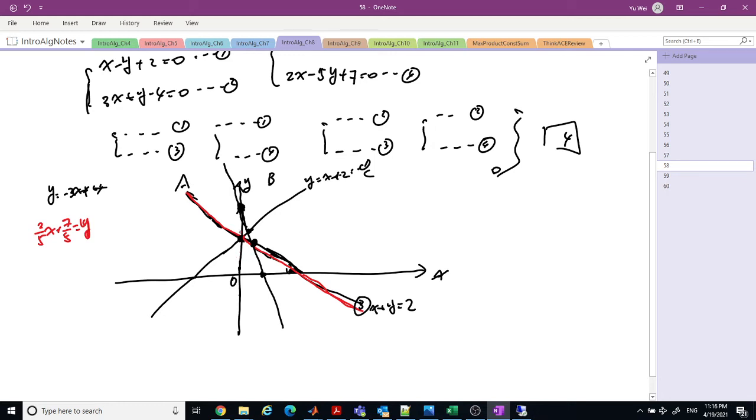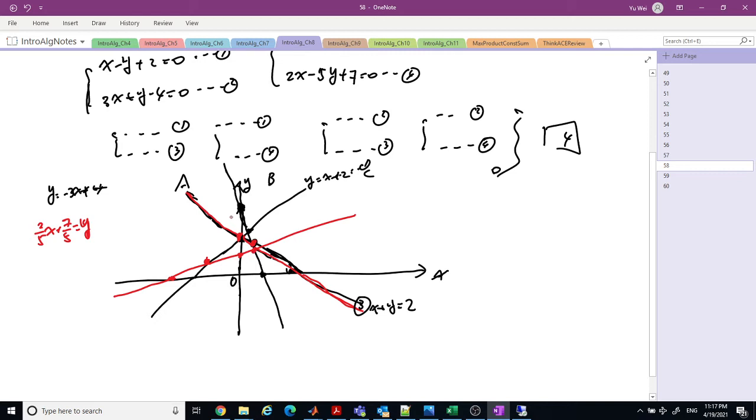7/5 is a little bit above 1, and when y equals 0, x is negative, here. Okay, so now you can see this one crossing the two red lines here and here. This one crossing the two red lines is here and here.